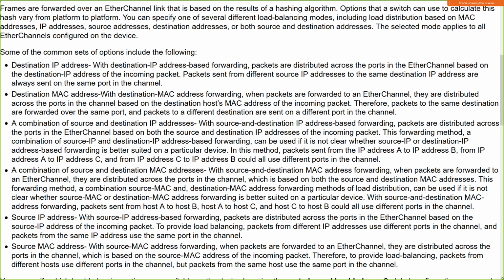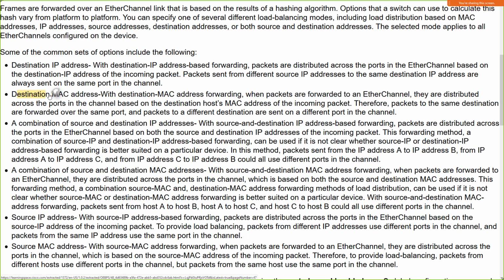So if I'm just doing destination IP address, there is no XOR operation in this case, right? Destination IP, there's nothing to XOR together. So we just simply use the last 2 bits of the address, or the last bit of the address, and that will determine what index number it goes over. Destination MAC, same thing.